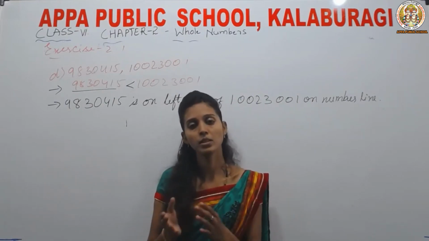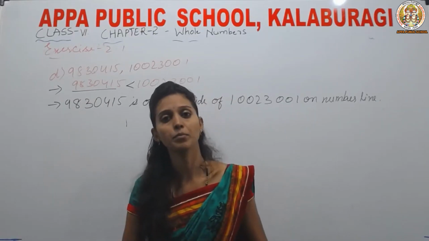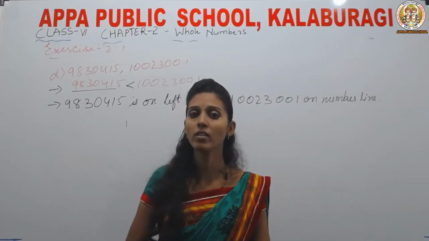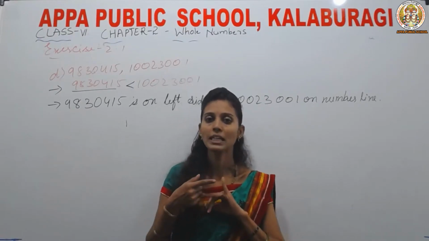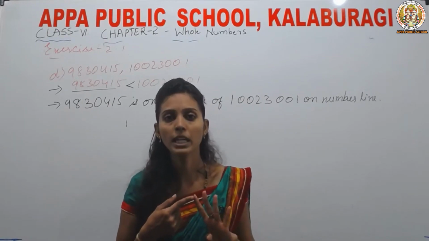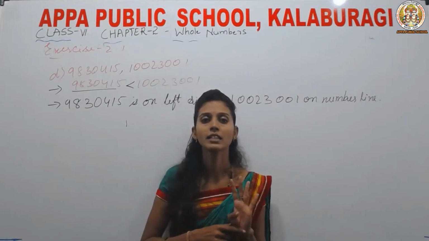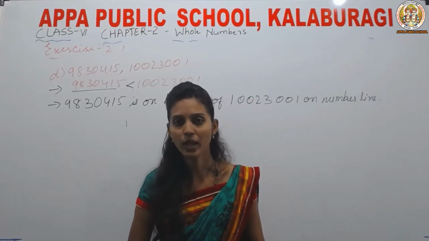They'll give numbers, and we have to find the sum, product, everything using the properties. How many properties have we learned? We have learned all 6 properties: closure property, associative property, distributive property, commutative property, identity property, and inverse property. Okay, these many properties we have learned, right?